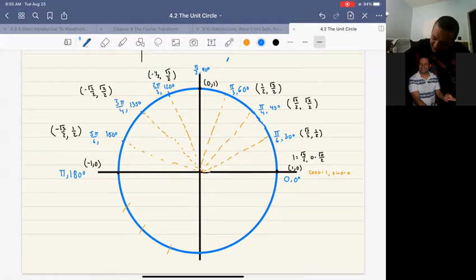This one is 7 pi over 6, or 180 plus 30, 210 degrees. I don't even remember the degrees anymore. I just use the radians all the time. And the point sort of corresponds with this one, except now both the coordinates are negative.